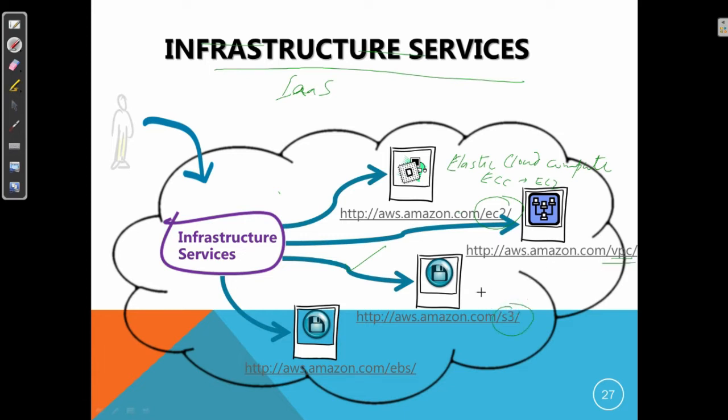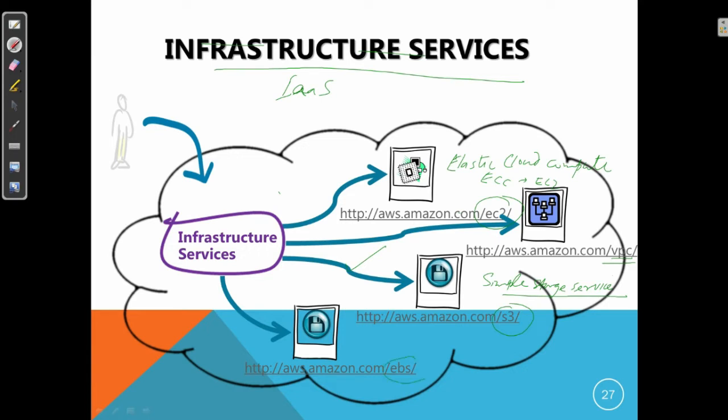Then we have something called S3. This stands for Simple Storage Service. S3 is basically an object storage service provided by AWS. You can opt for S3 to store and retrieve any amount of data at any point of time from anywhere.